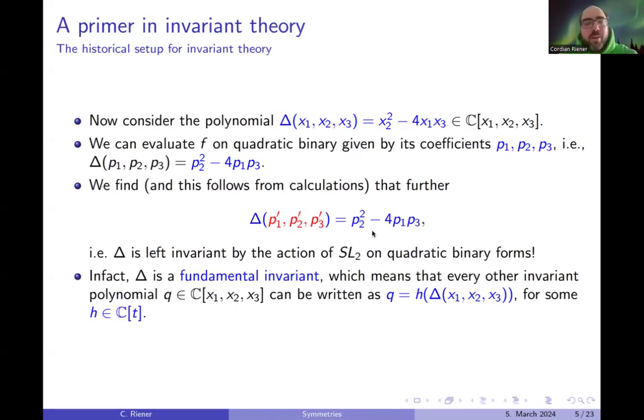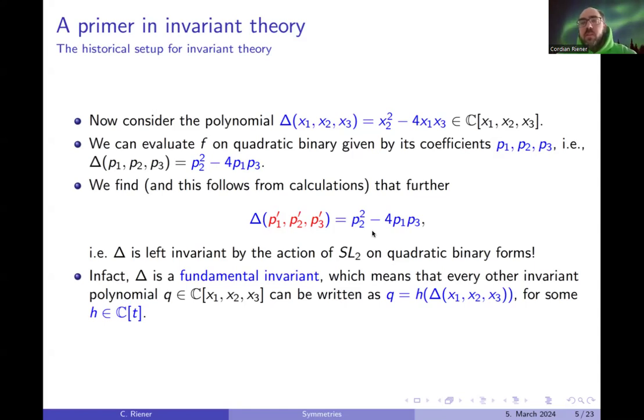Very good remark. So in fact, what one can show is that this is what we call a fundamental invariant. Fundamental invariant means that any other polynomial Q in 3 variables that stays fixed, now I don't want to say left invariant again, that doesn't change under applying the action of SL2, can be written as a polynomial in this fundamental invariant delta.